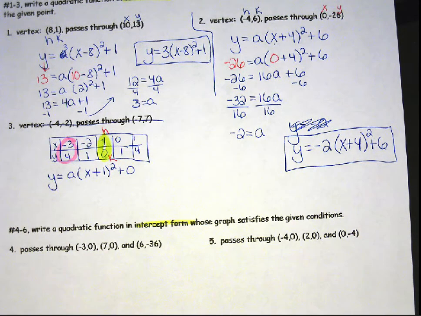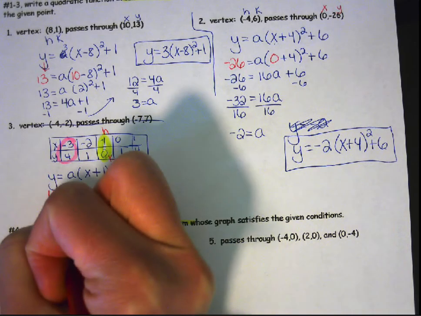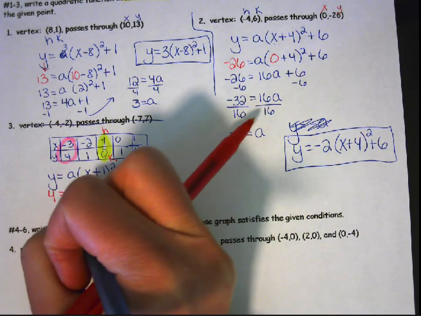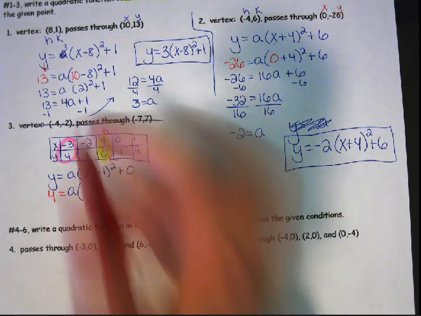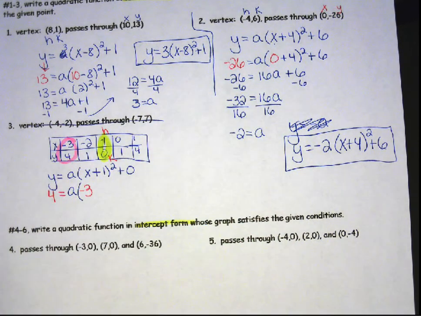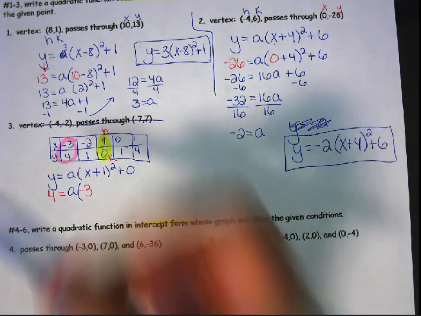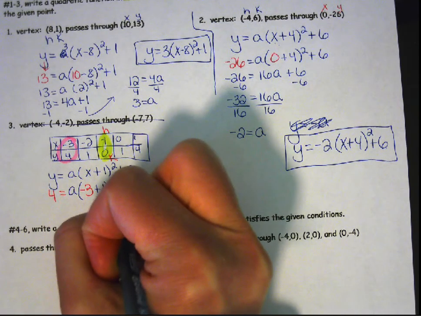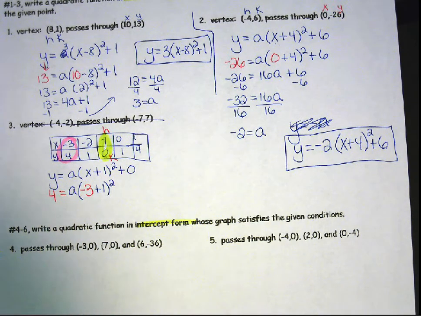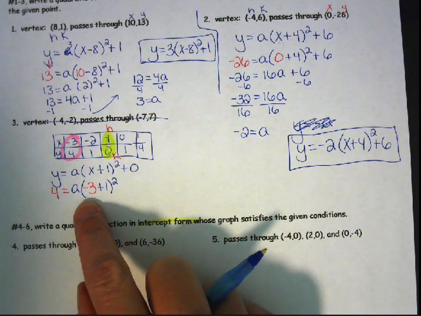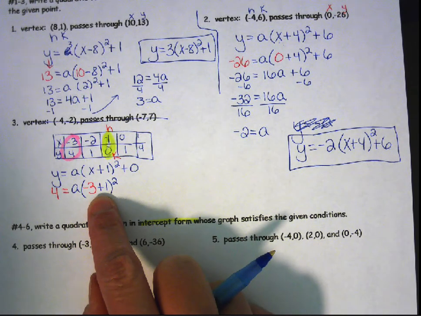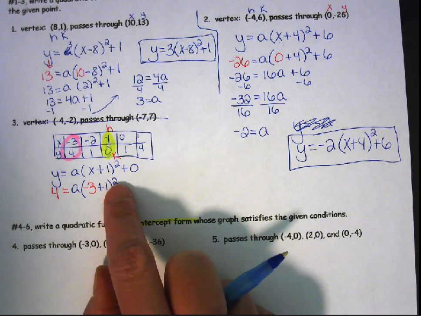So I'm going to plug in the 4 for Y, the negative 3 for X. Now I'm not going to write that plus 0 because it's not going to do anything. So negative 3 plus 1 would be negative 2. Negative 2 squared is 4.